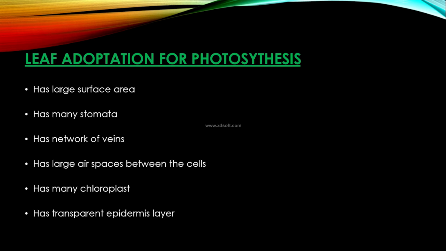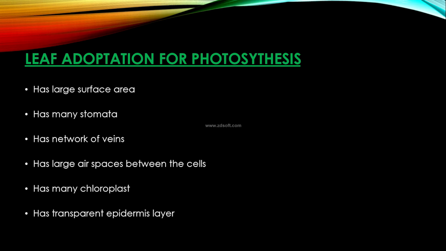So we want to look at leaf adaptations for photosynthesis. This simply means that we are looking at each feature of a leaf and how we can relate it to its function.